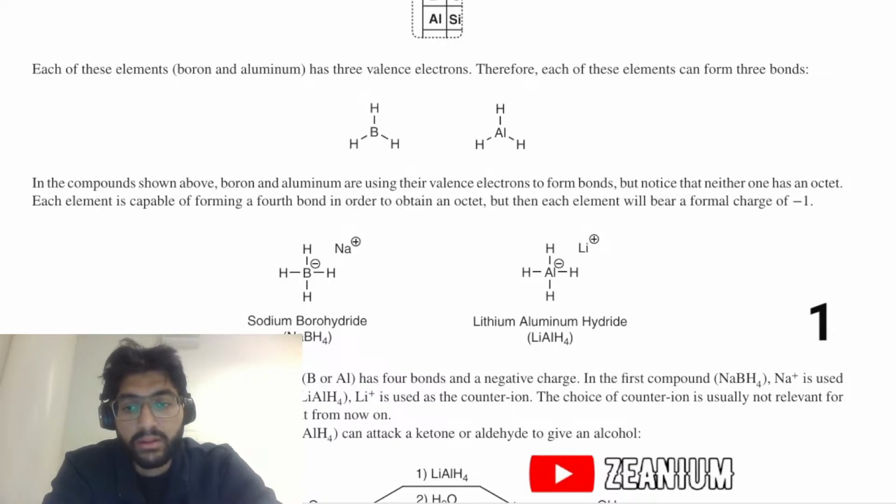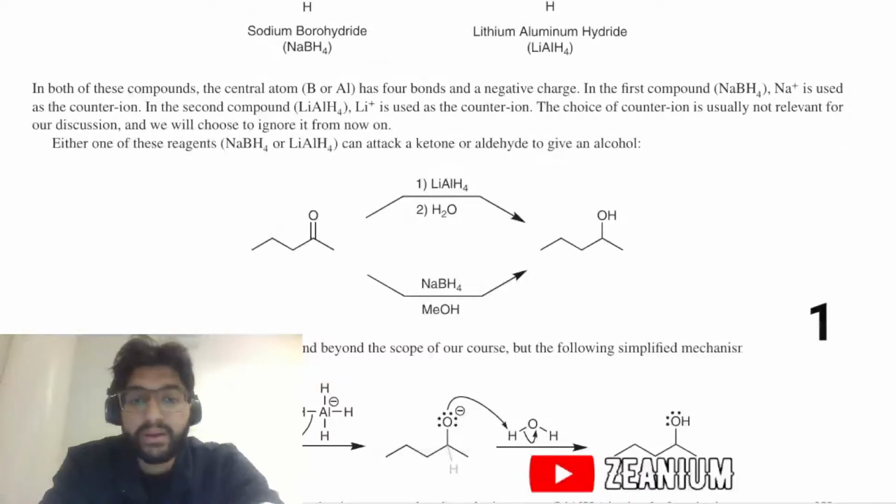Sodium borohydride and lithium aluminum hydride. In both of these compounds, the central atom, B or Al, has 4 bonds and a negative charge.